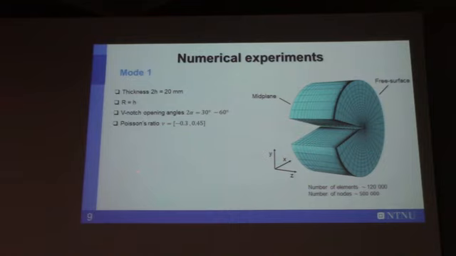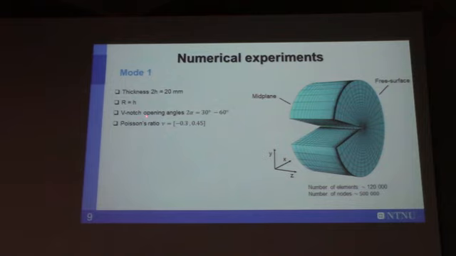Here we have mode 1. We consider a sharp V-notch, with a cylindrical volume around the V-notch. We modeled it by exploiting the symmetry. So here we have half of the plate, here the mid-plane, and here the free surface. We consider a fixed thickness, a radius equal to half of the thickness, because after this distance we have approximately a plane stress condition.